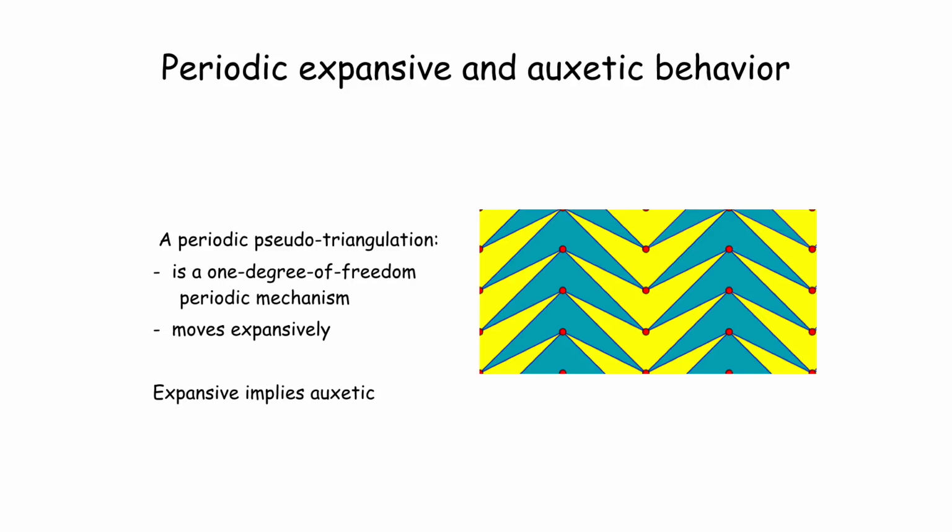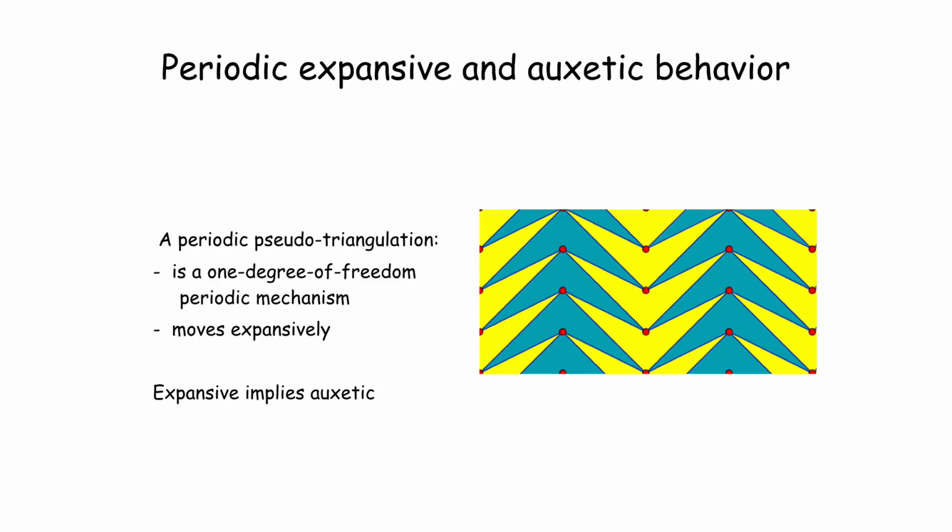So we see that the finite situation, the pseudo-triangles for finite linkages, reappear here, because both the initial quadrilateral and its doppelganger are in the auxetic configuration pseudo-triangles.